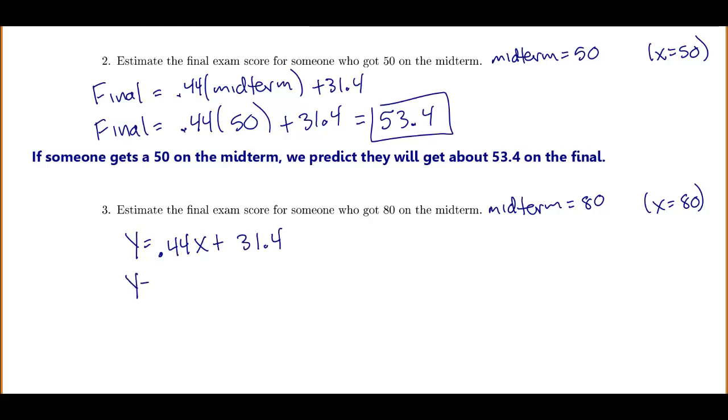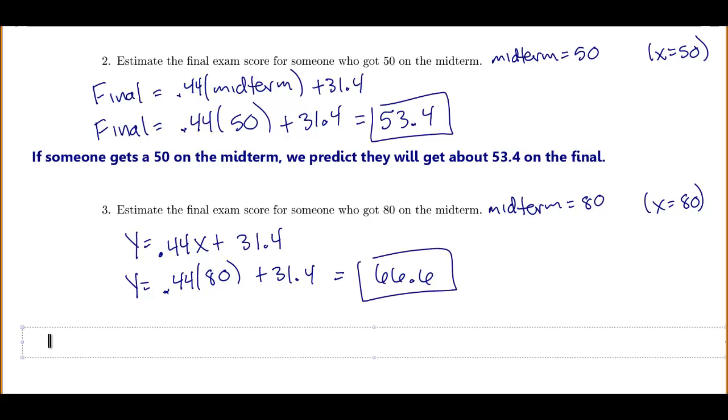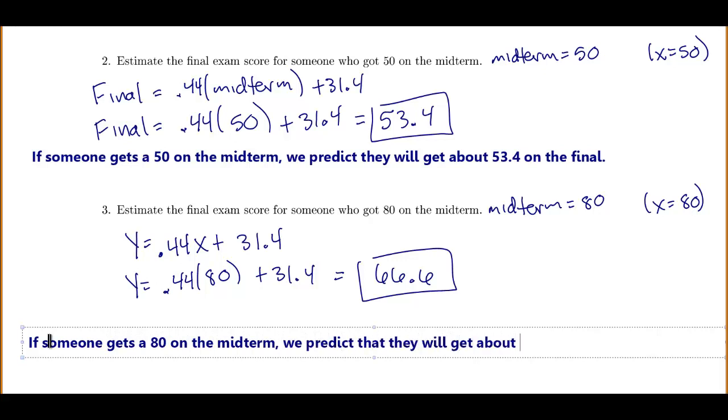So y equals 0.44 times 80 plus 31.4, which is 66.6. Once again, this means that if someone gets 80 on the midterm, we predict that they will get about 66.6 on the final.